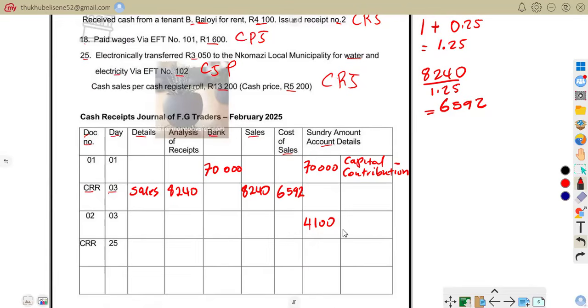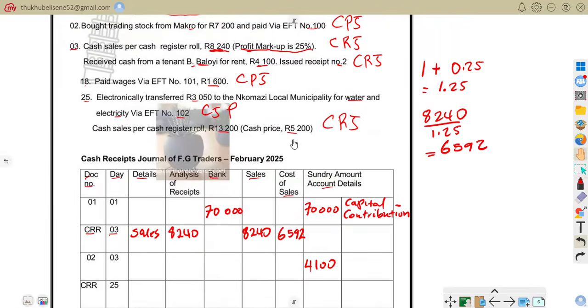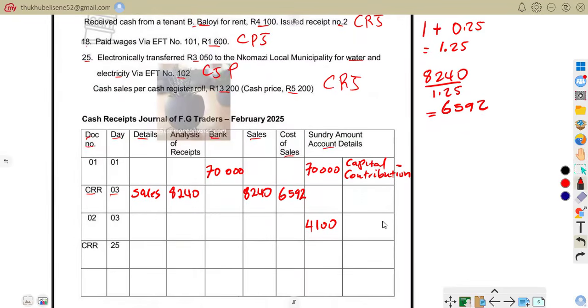So it is under sundry accounts because we don't have a column for rent here, because that was in relation to rent, because it is received to charge from the tenant for rent. So it means you're going to say 4.1, and then that is rent income. That is for rent income. So that is that.